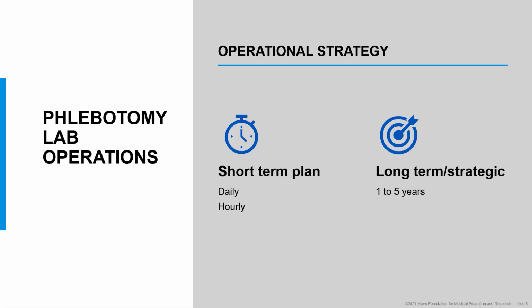What do I need to do, in a 1 to 5 year time? So once you have that, then it means you are planning for the future. You do your daily, hourly, short term, but at the same time, you have to have a long-term plan to make sure that your services are still relevant.